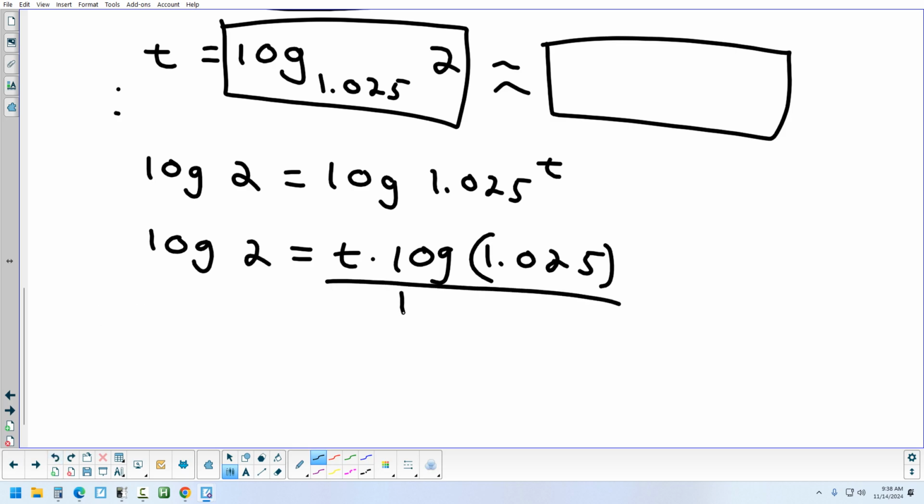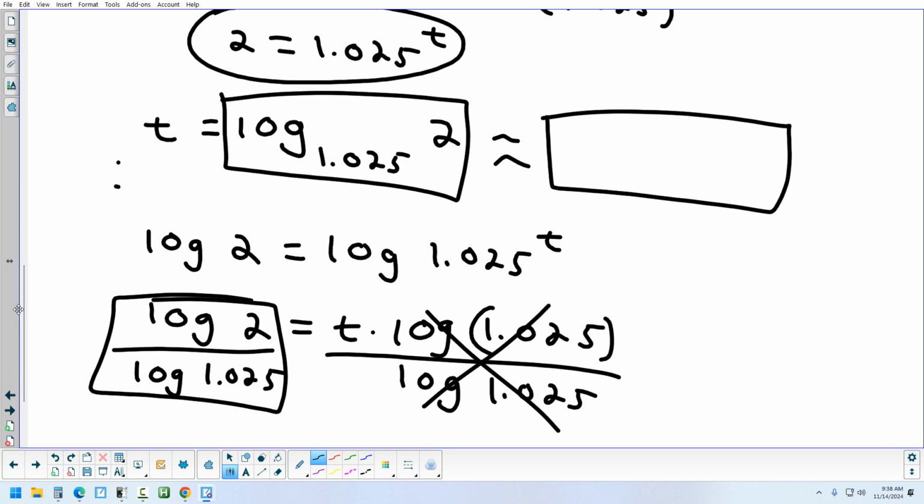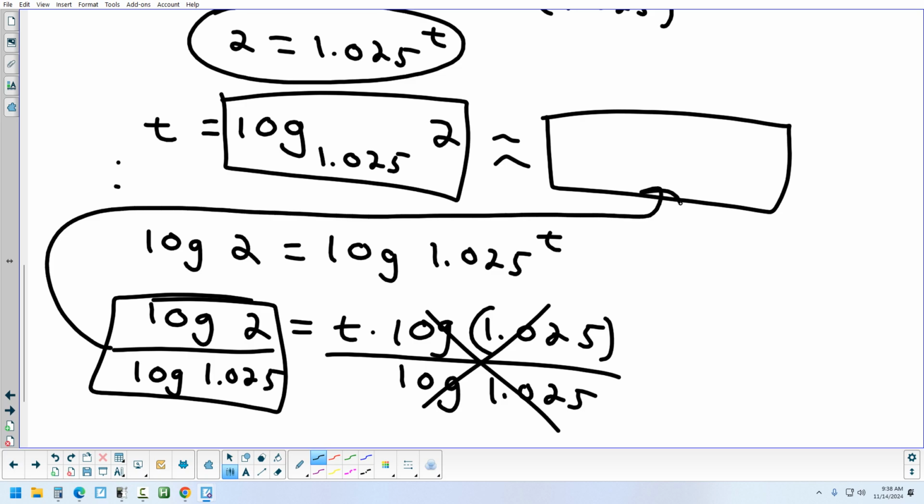Exactly. Divide by log 1.025 and log 1.025. That is what t equals. And that is another way to write what we have in that first box.